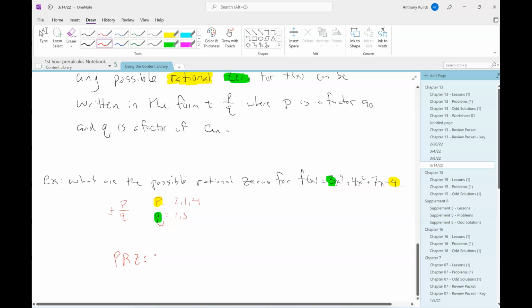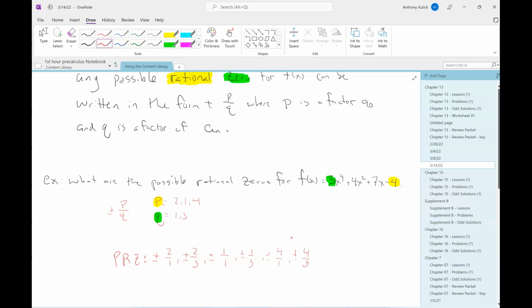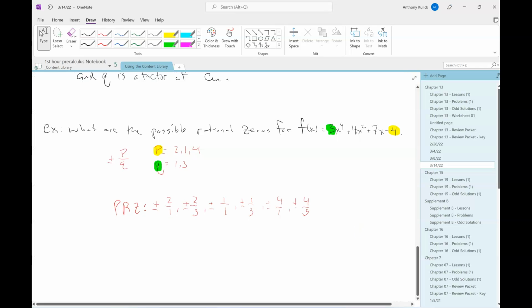So our possible rational zeros then would be plus or minus 2 over 1, 2 over 3, 1 over 1, 1 over 3, 4 over 1, and 4 over 3. Okay? Is everybody good with that?